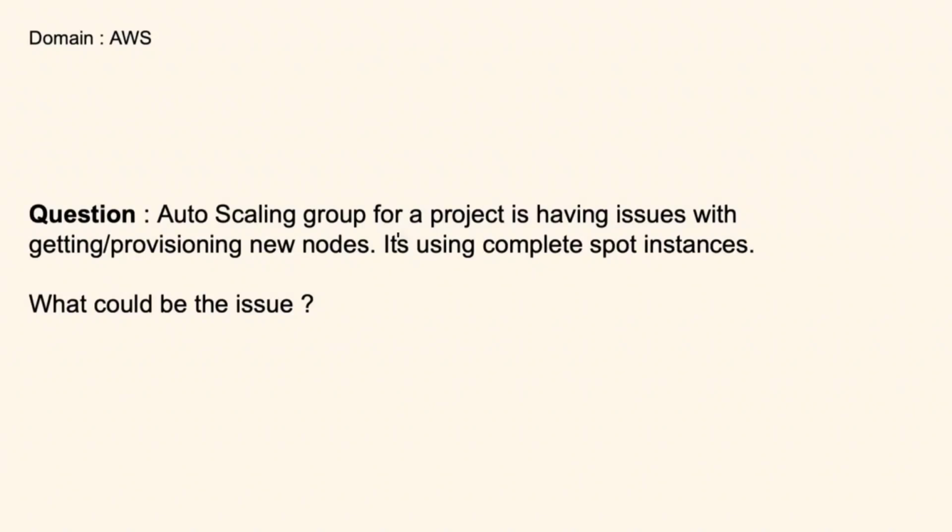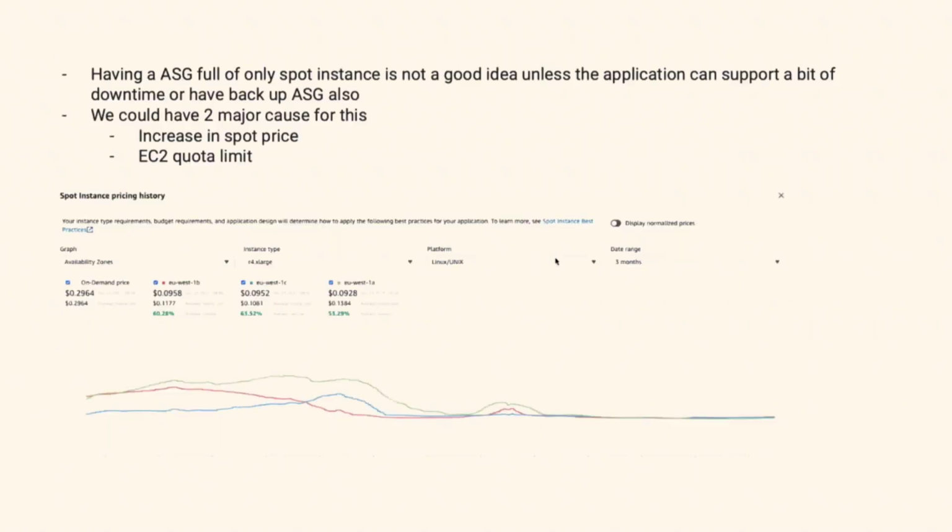Now, as a DevOps and as an AWS engineer, you should be able to already guess where the issue is. So let's go ahead and see what could be the possible issues here.